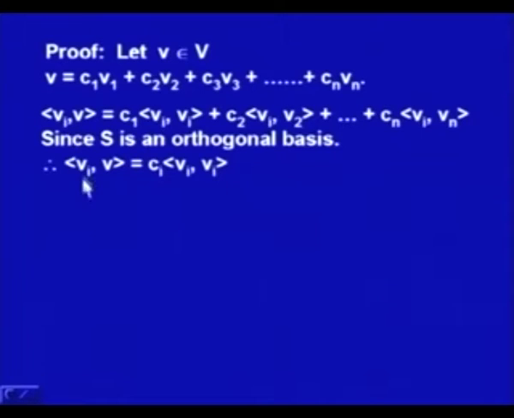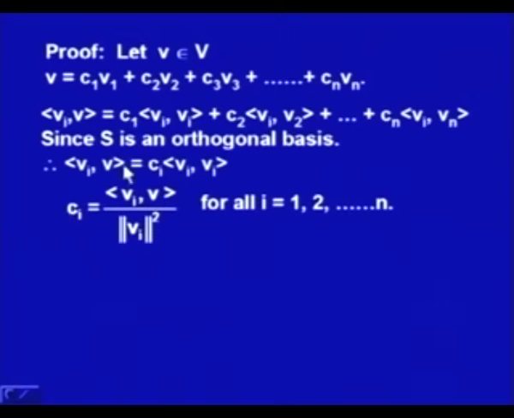On the left-hand side we have v_i comma v, on the right-hand side only a single term c_i multiplied by v_i comma v_i, which is the norm of v_i squared. That means c_i is equal to the inner product of v_i comma v divided by the norm of v_i squared, and this can be done for all i's. With this we have done it for v_i, but it can be done for v_1, v_2, ..., v_n. This way we can find all c_i's, and that means our first result is proved.